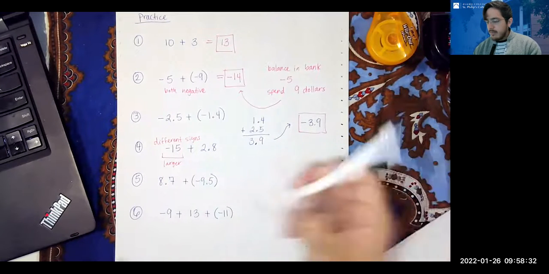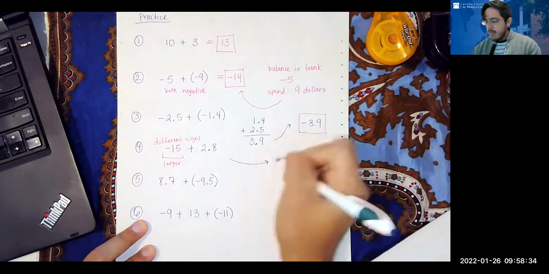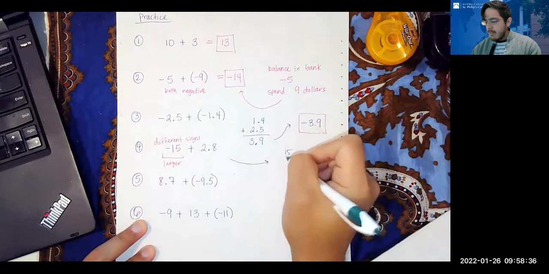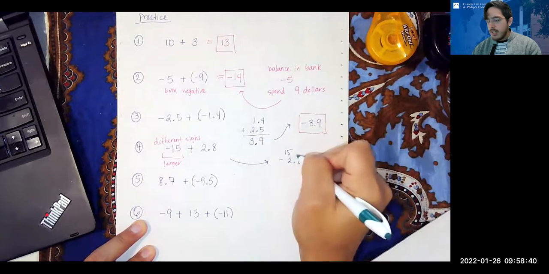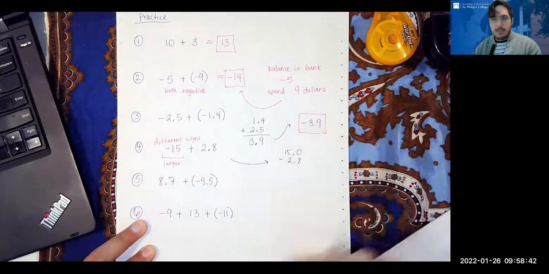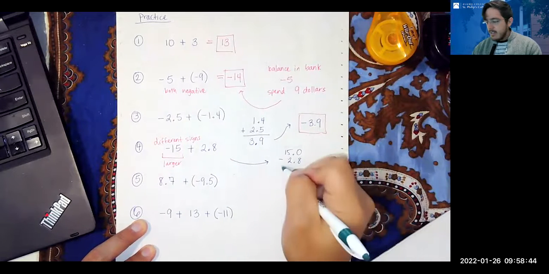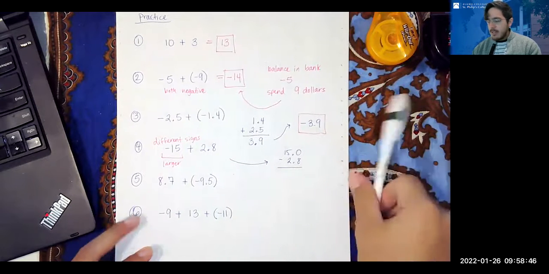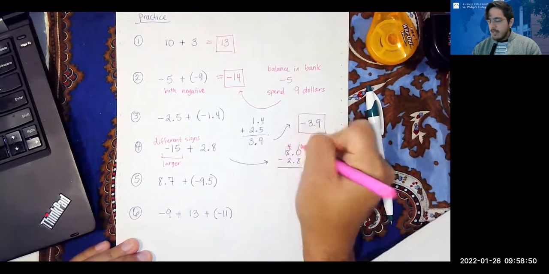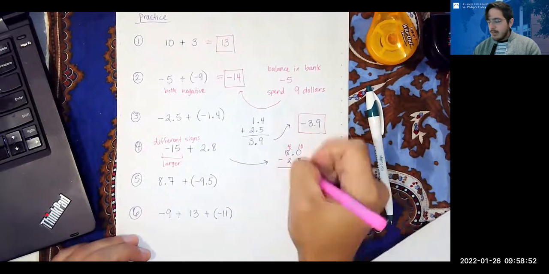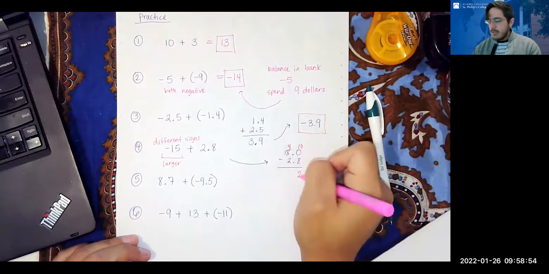So I'll go over here and give myself some breathing room. And take 15 minus, and we want to put 2.8 like so. If we want to call this 15.0 just to line up that decimal, we can. And now we can subtract. Well, we'll have to borrow, since that 0 can't subtract an 8, but now we can go ahead and subtract. That gives us a 2.